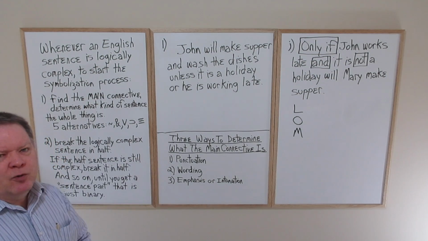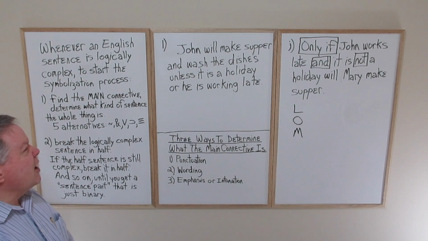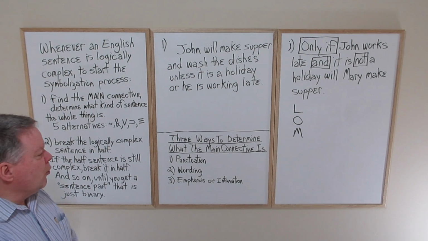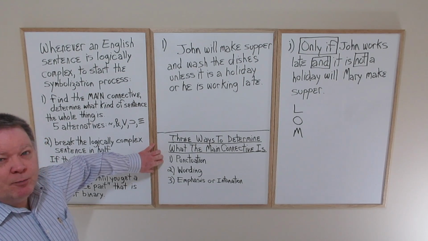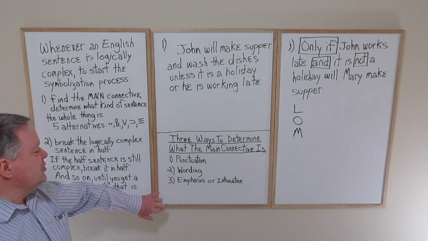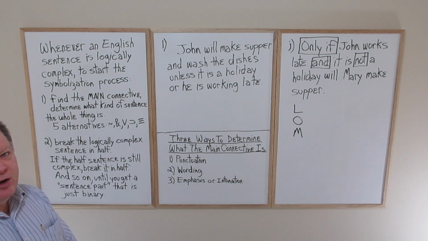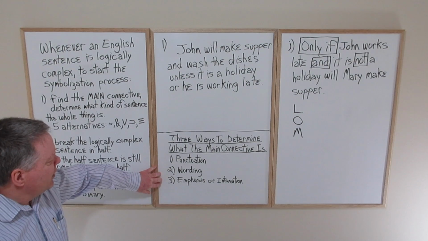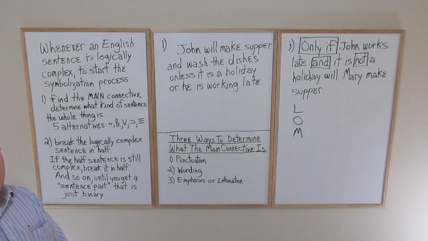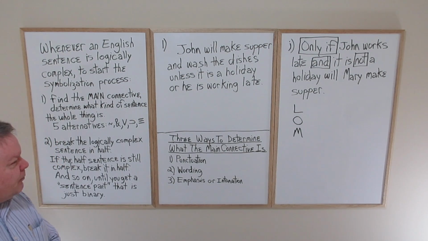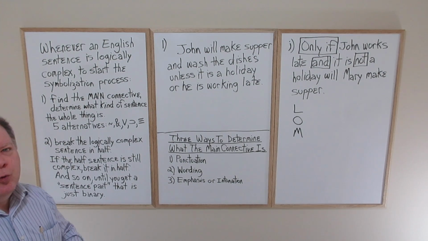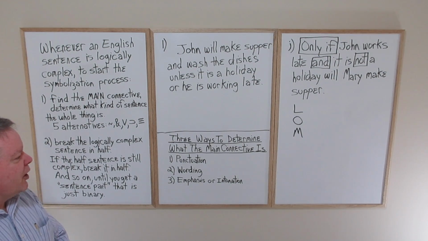Another very important way is the wording. We're going to see a couple of examples of these. With the longer, more complex sentences, we'll see the important role of punctuation. A third way of determining what the main connective is in terms of emphasis or intonation. That applies mainly to verbal instructions.